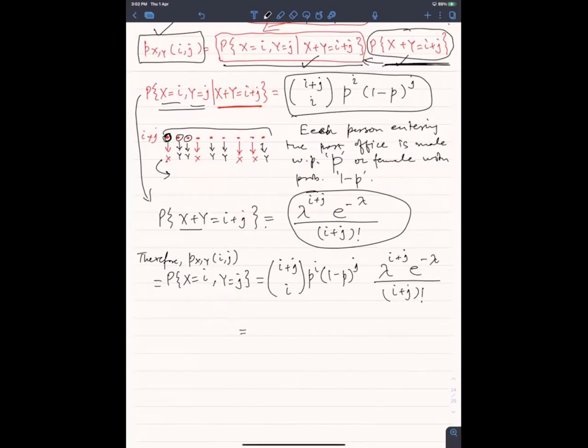So this would be equal to e to the minus lambda.